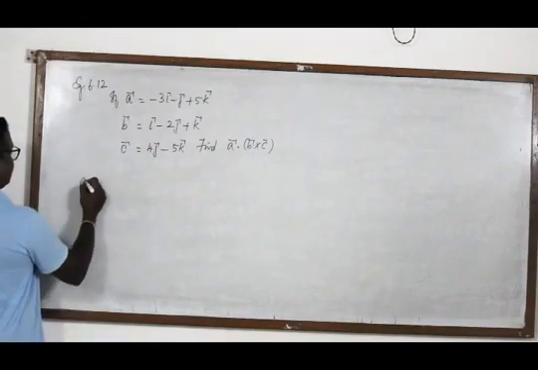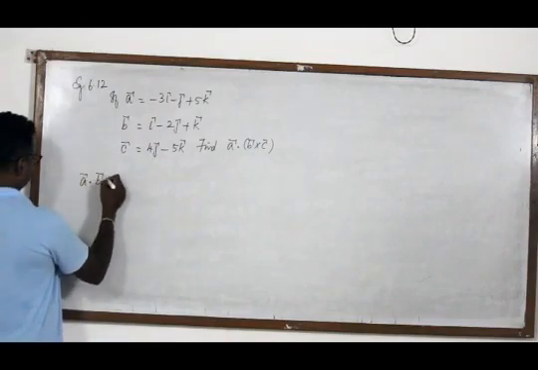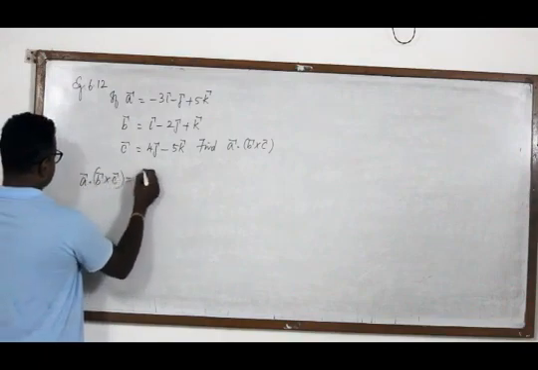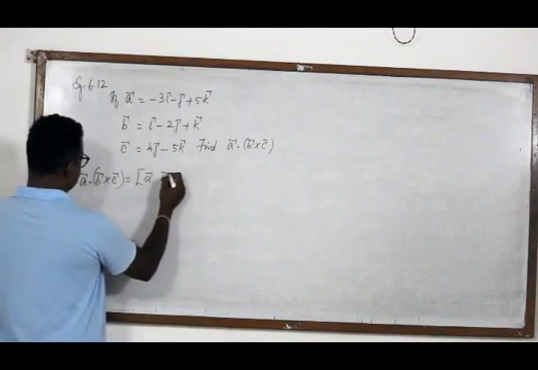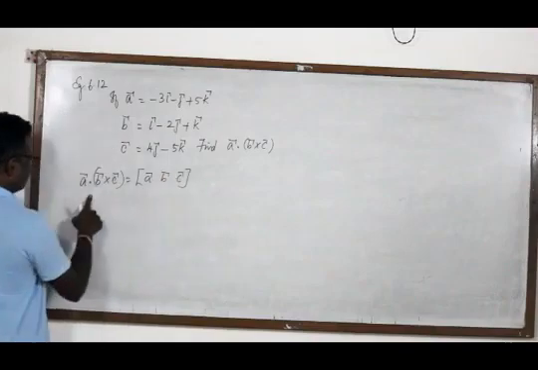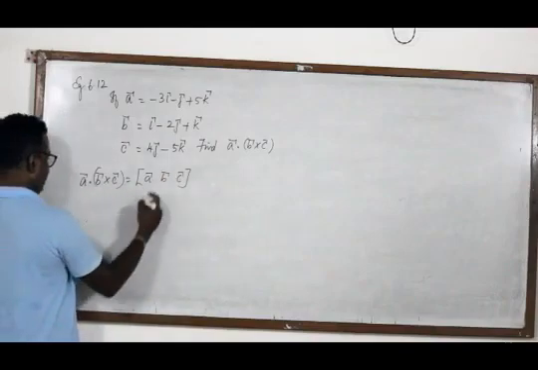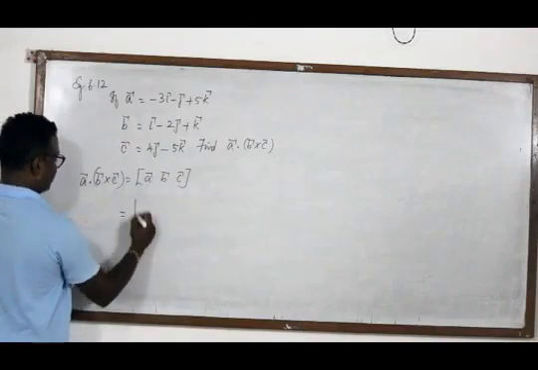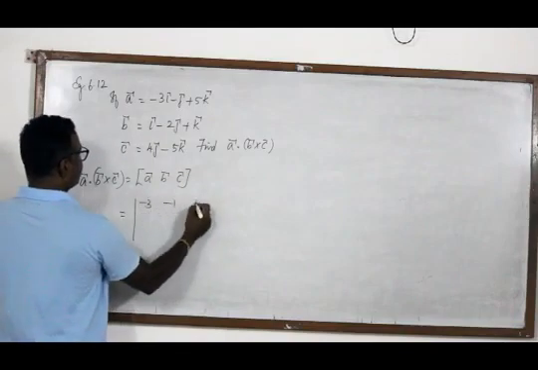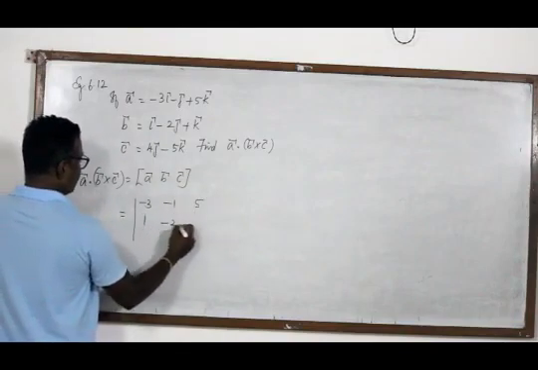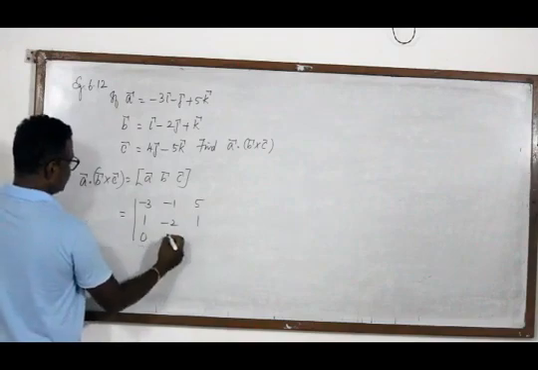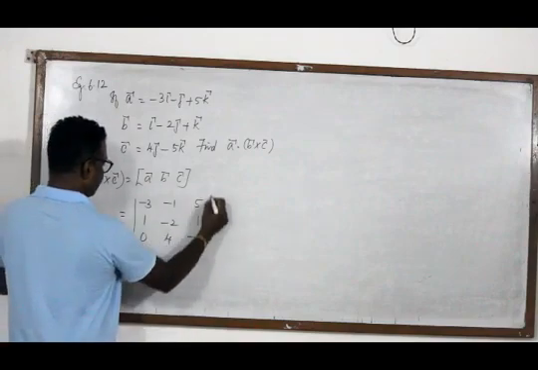Now, A dot B cross C means scalar triple product. Scalar triple product means box product. Box product means determinant. It is minus 3, minus 1, 5; 1, minus 2, 1. There is no i, so 0, 4, minus 5.